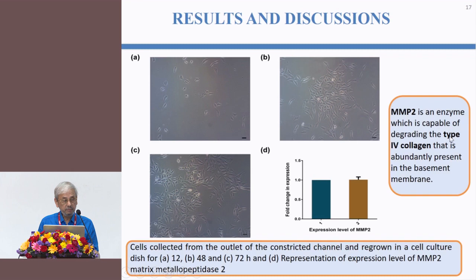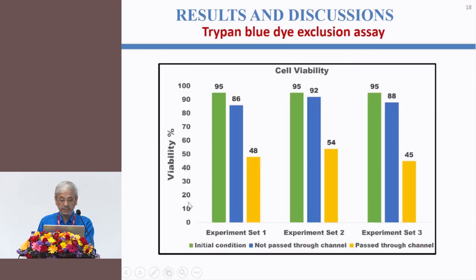This is an enzyme which is capable of degrading the type 4 collagen that is abundantly present in the basement membrane, and which sort of confirms the cell division again. That means the cancerous activities have started with the cells which are live cells. Although this is the statistics, these are several sets of experiments.